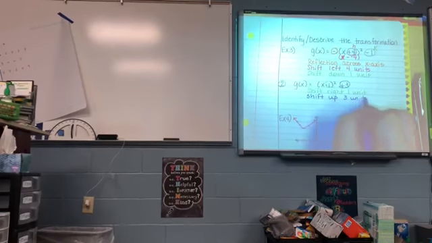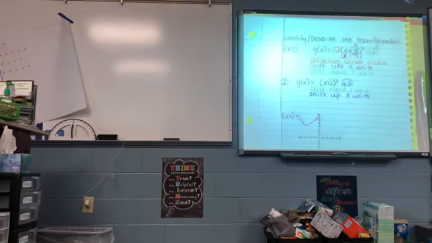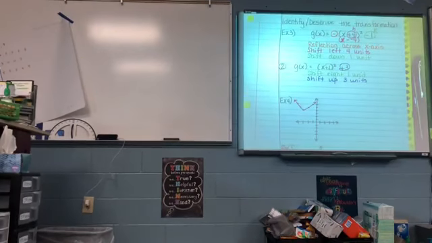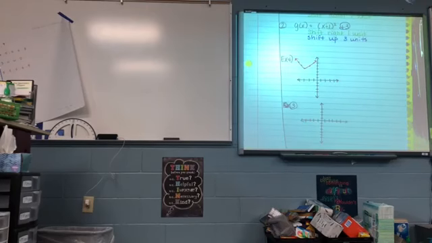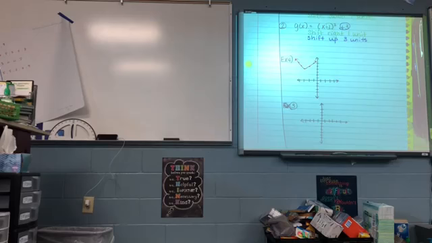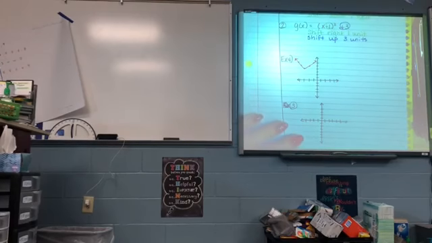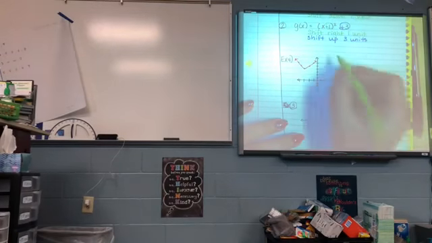All right, looking at this last little piece, we want to see, can we write the equation based off the graph? Can we identify the things we need to identify based off the graph? Is everybody with me? So I'm asking myself some questions.